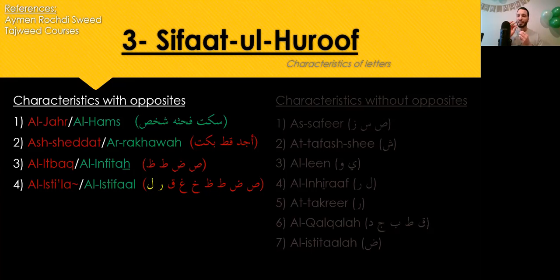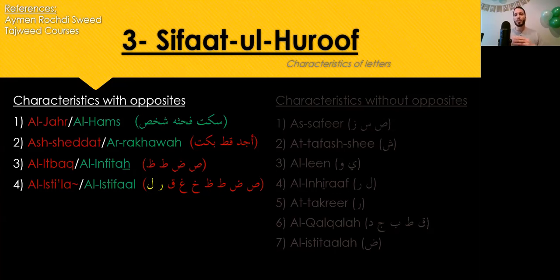If a lot of breath is coming out of our mouth when we are pronouncing a letter, then we say that this letter has the characteristic of al-hams. Its opposite would be al-jahr, which means there's barely any air coming out of our mouth when we pronounce it.